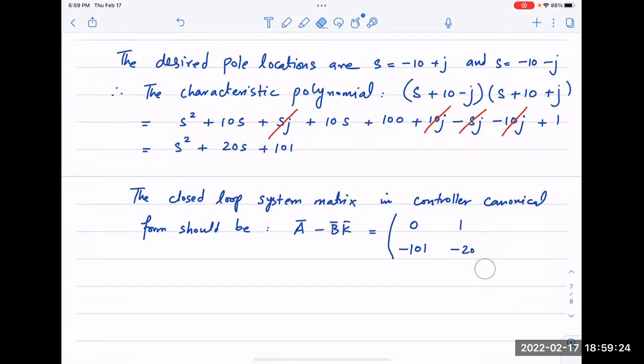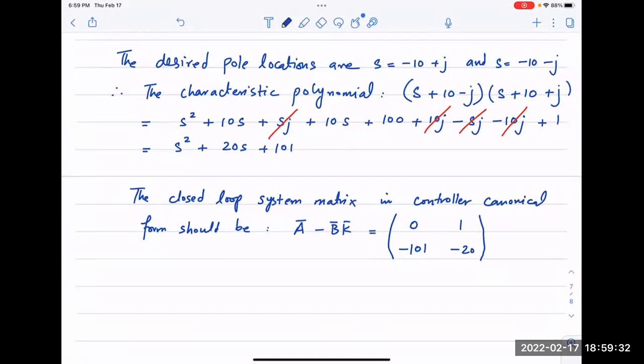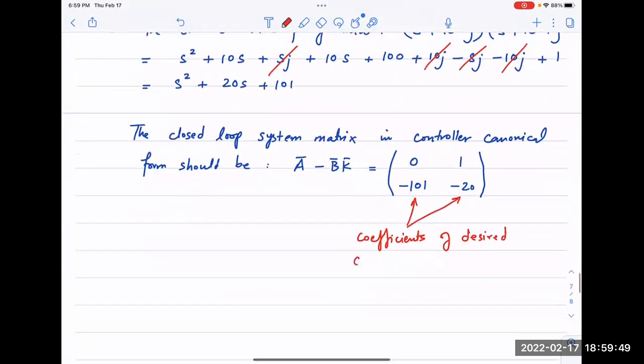So this should be your A bar minus B bar K bar, which are all in controller canonical form. I can clearly see here that these are the coefficients of the desired characteristic polynomial.